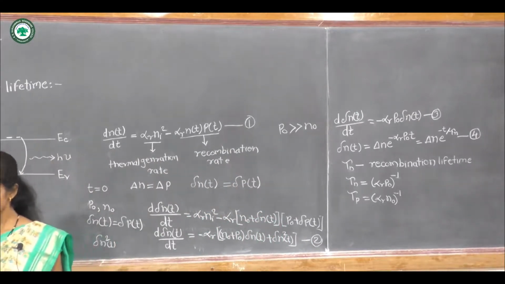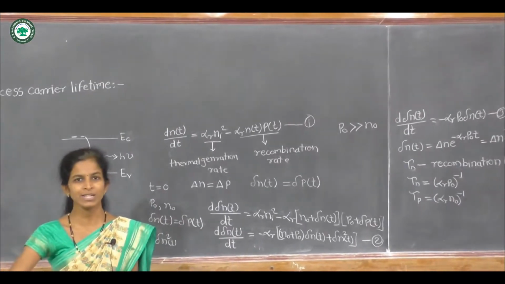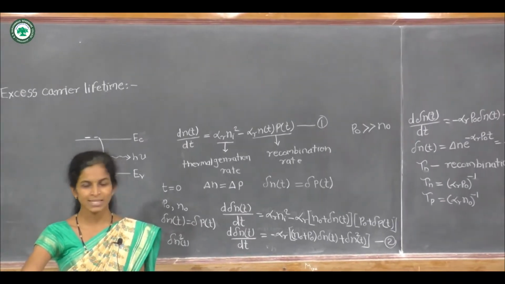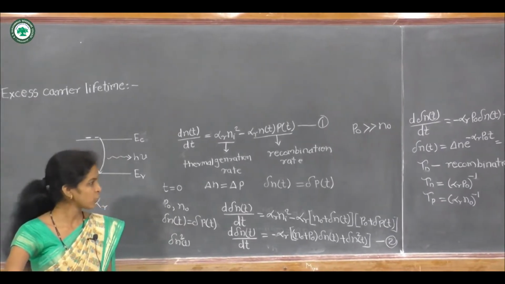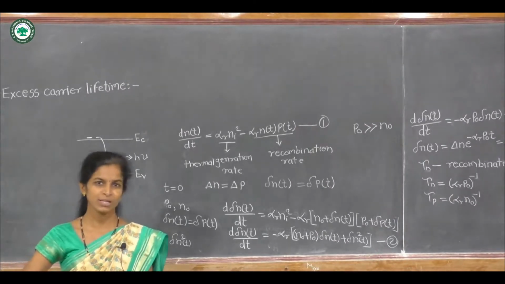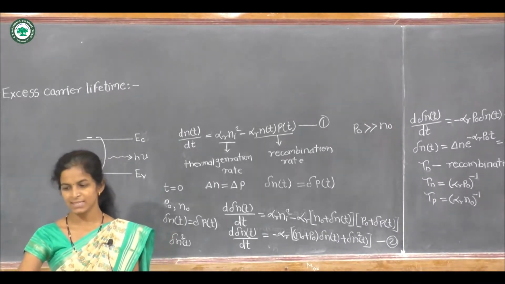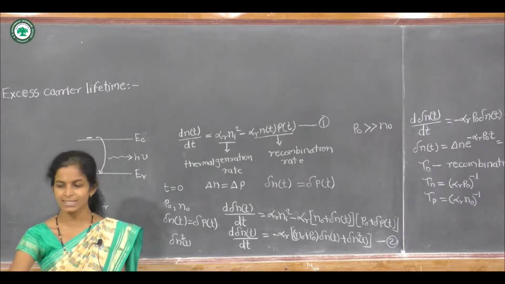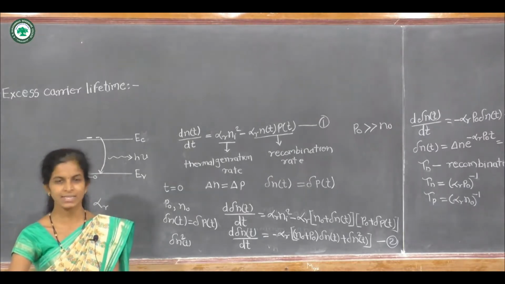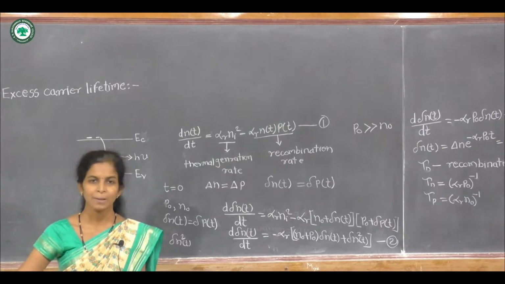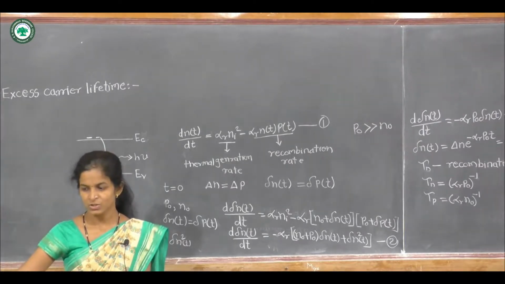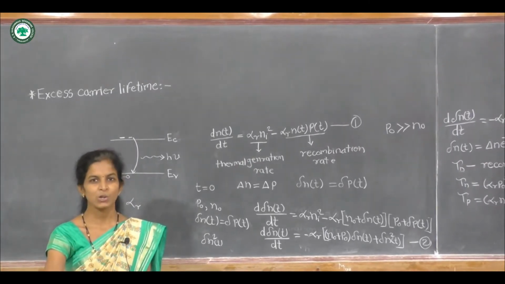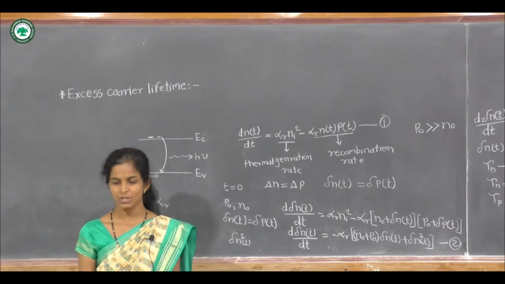So it is also called the minority carrier lifetime, and the decay of excess holes in n-type material is given by tau p equal to (alpha r into n0) inverse. So in this case of direct recombination, the excess majority carriers decay at exactly the same rate as the minority carriers.